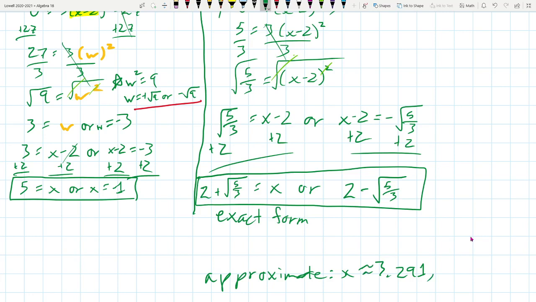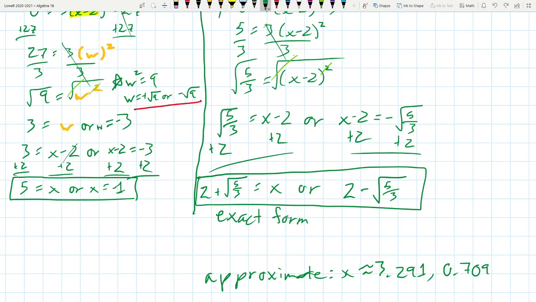And these are approximations. And the second one, if I change that to a subtraction, I'll get 0.709.